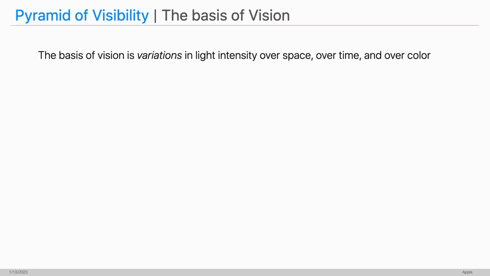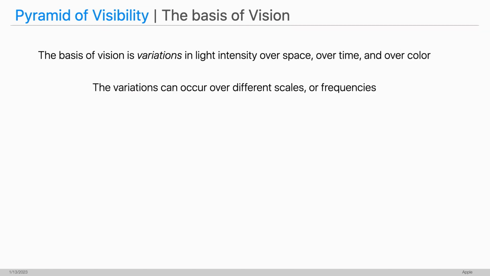First of all, let's think about what is the basis of early vision. It's variations in light over space, time, and color. Okay? It's not the absolute values, but it's the variations in light intensity. And those variations occur over different scales. You can have very fine details, you can have slow oscillations, and they're both important.